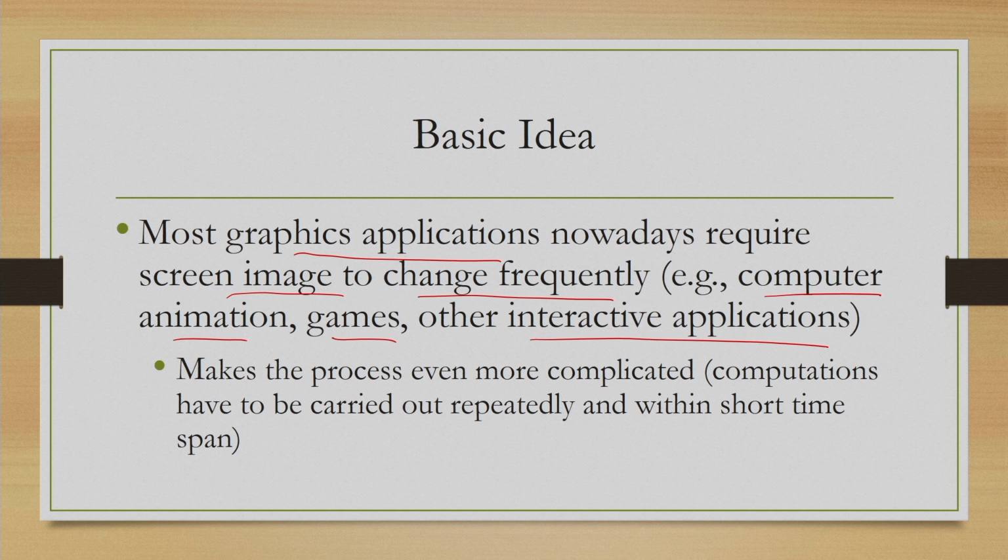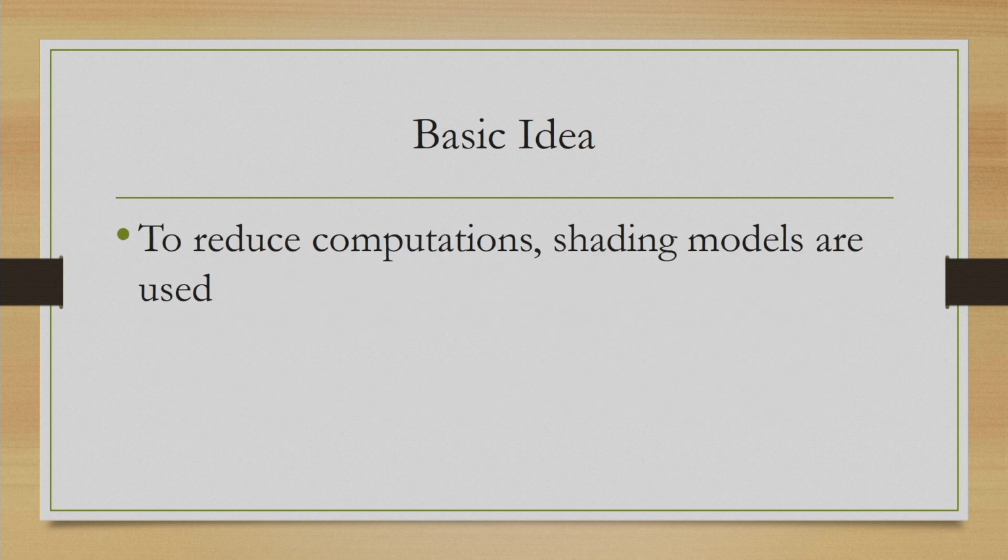We will not be able to generate images quickly. So, that may result in visible flickers, distortions, which in turn may lead to irritation and annoyance to the user, and we certainly do not want such situation to occur.